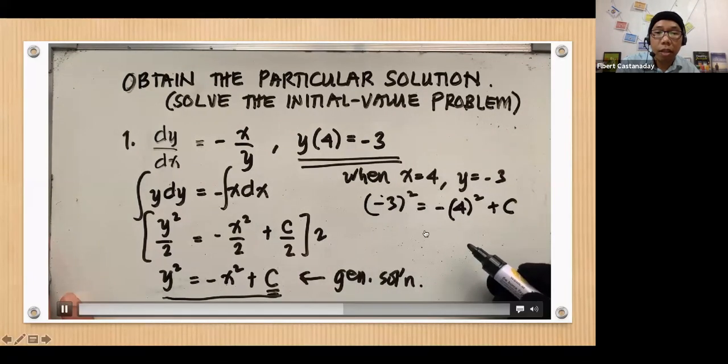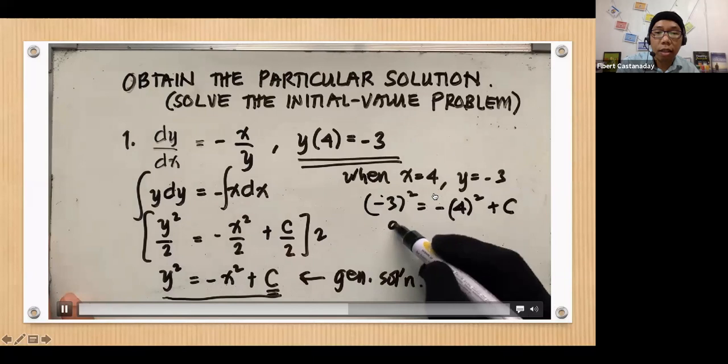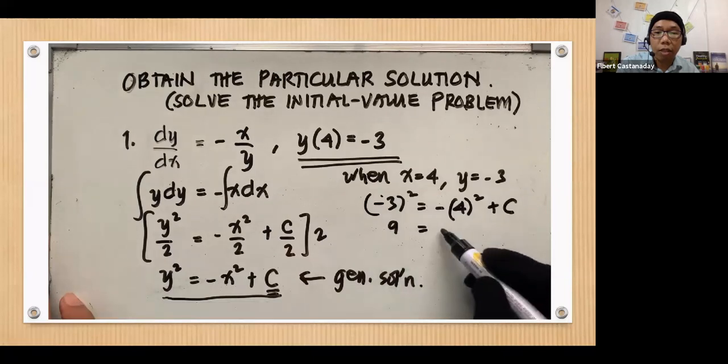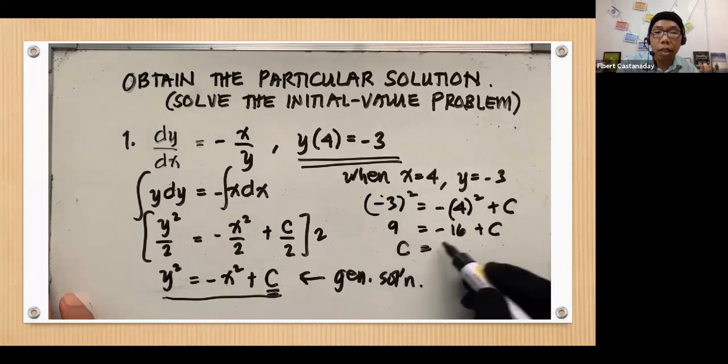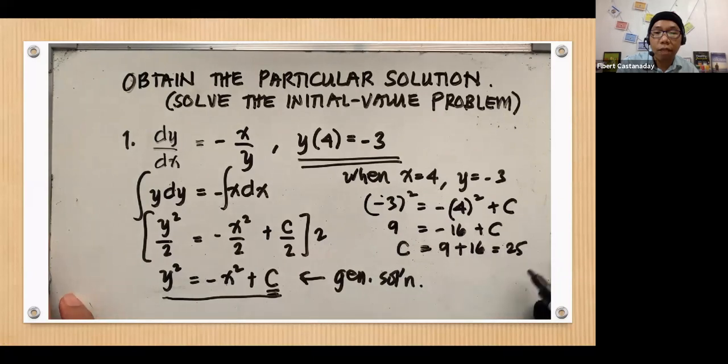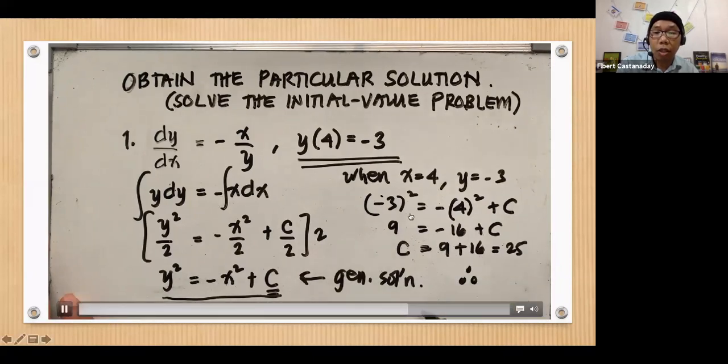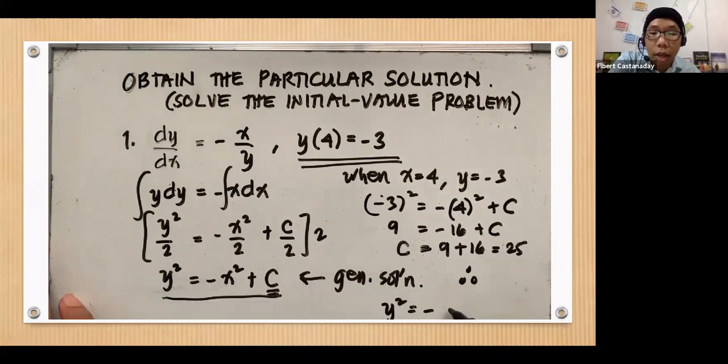Minus 3 squared is just 9. And here you have minus 4 squared, which is 16, plus c. Now c is equal to, transposing 16, 9 plus 16, which is 25. So we now have the value of c. Then you plug in c in the general solution, giving us our particular solution: y squared equals minus x squared plus 25.